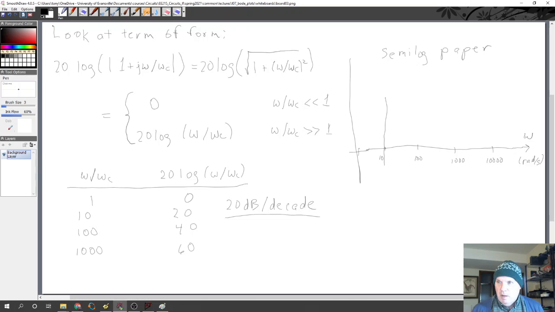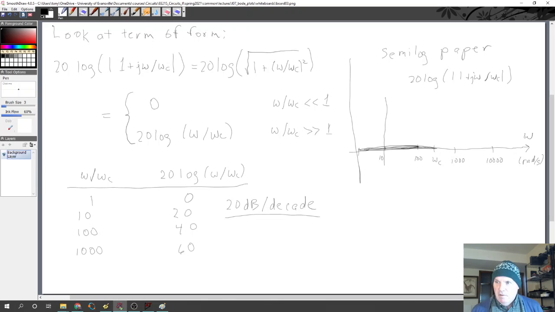But my Bode approximation, where I'm trying to graph this 1 plus j omega over omega c term, is as follows. Let's say omega c is right here. Based on these approximations, this term will be equal to 0 for all frequencies less than omega c.